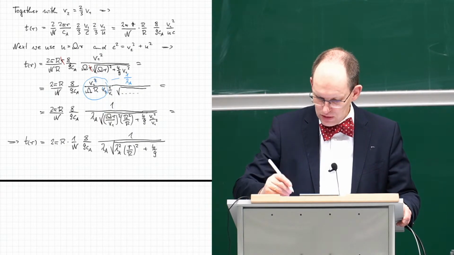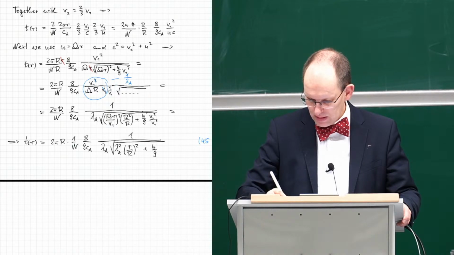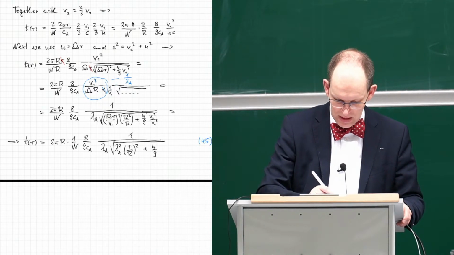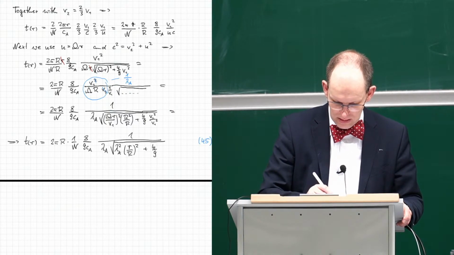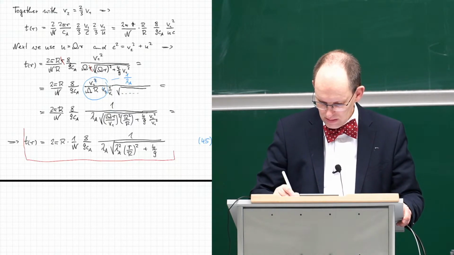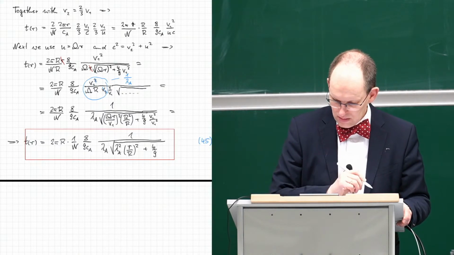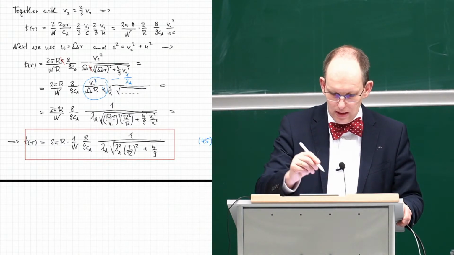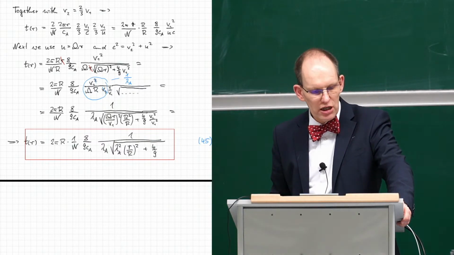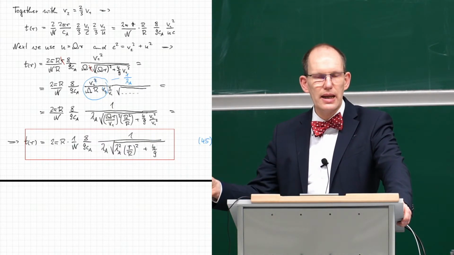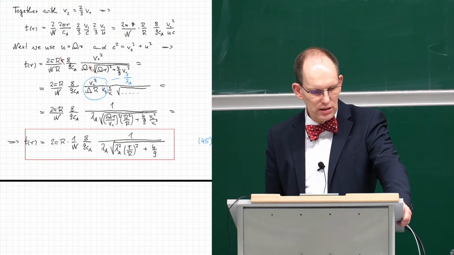So that's equation 45. And that's kind of our final result. So the only thing that we could discuss is that if the tip speed ratio is really large, then we can neglect 4 over 9, which is close to 1/2.